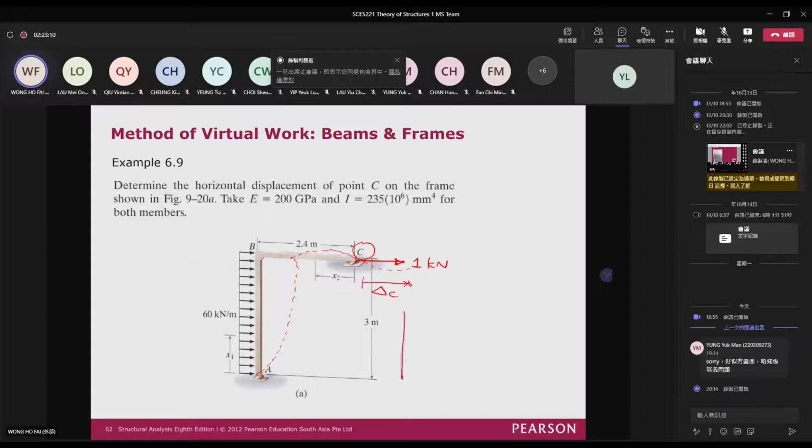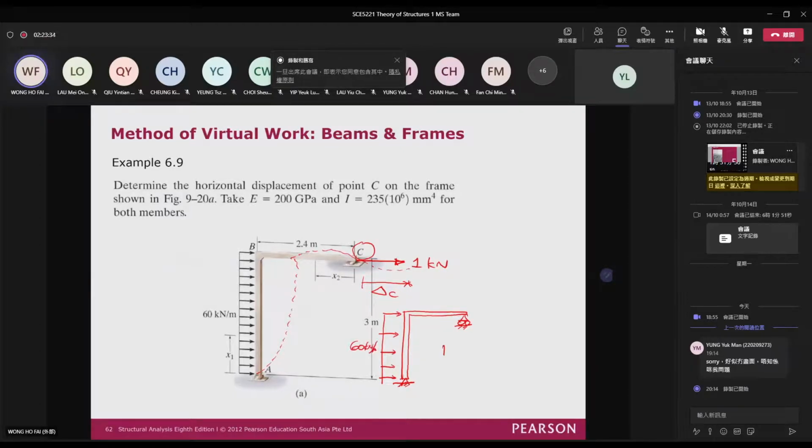So again, we will consider two cases here. This is our frame. And then I have a pin here, and then I have my roller here. First of all, I will have my distributed load here. And then this is 60.